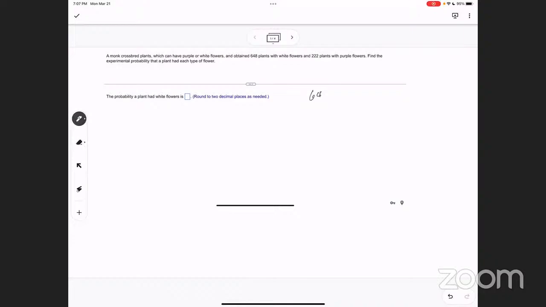Yeah, so 648 plus 222 is 870. That sounds about right. So that's the total of plants. What's the probability the plant had white flowers? Well, the white ones were 648 out of 870.